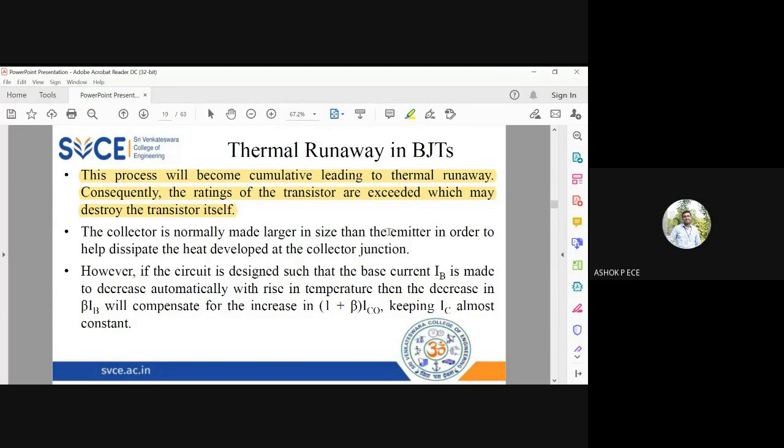That is why in the beginning, when we studied BJT in electron devices, we saw that among the three layers, the collector area is very large, the emitter area is relatively smaller than the collector, and the base has the least area. The reason the collector has a large area is that when the area is large, heat dissipation becomes faster.